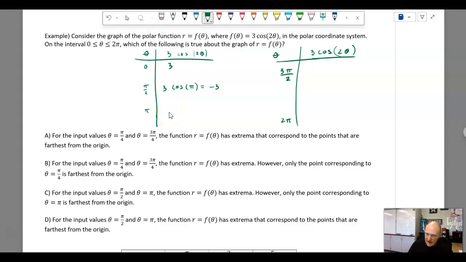Then at pi, this is 2 pi, so I'm back to cosine of 2 times pi, which again gives me 3. So it looks like these would be extrema points. If I do this at 3 pi halves, this is 3 cosine of 2 times 3 pi over 2. These are going to cancel, and so again we get -3, and then 2 pi is also going to be 3.